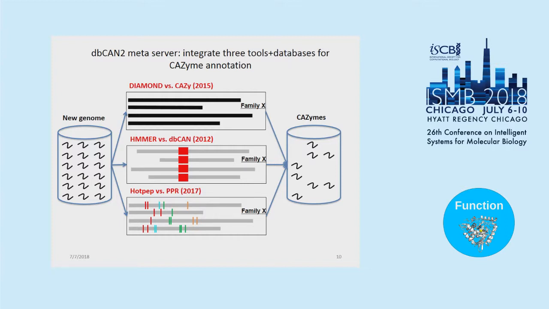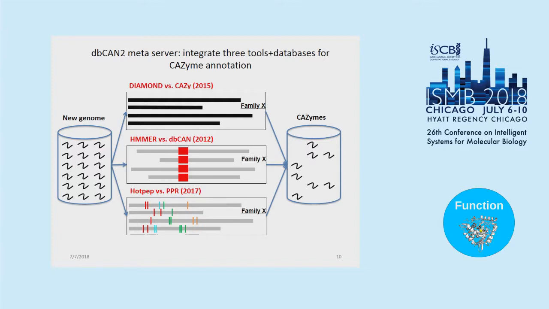So basically, dbCAN and HotPep make the same assumption. However, dbCAN uses consecutive longer domains, whereas HotPep uses conserved k-mer motifs. HotPep is just a tool to scan a new protein for the presence of those conserved k-mers.